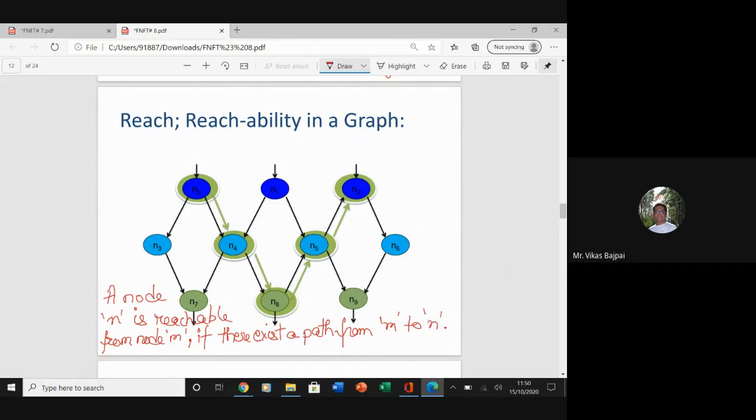So a node n is reachable from node m if there exists a path from m to n.